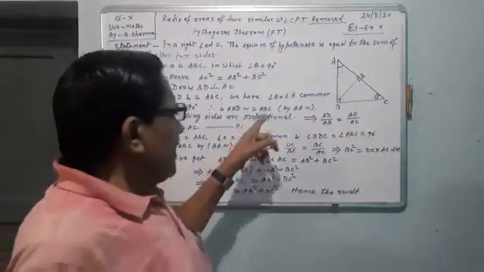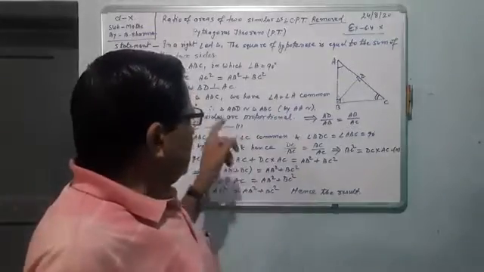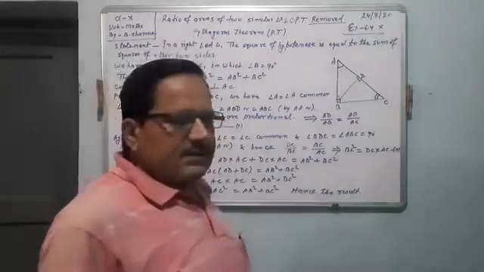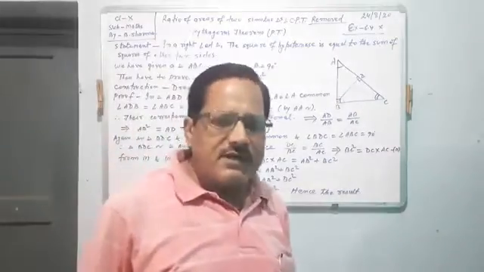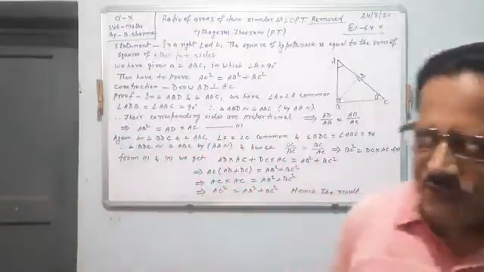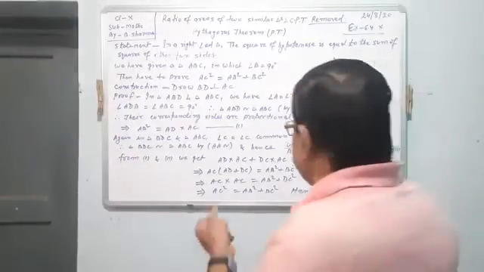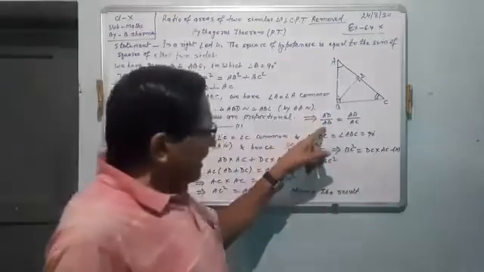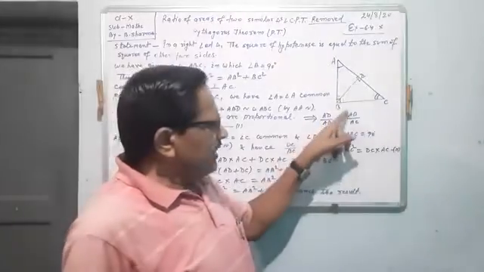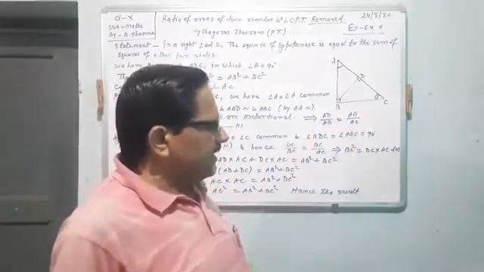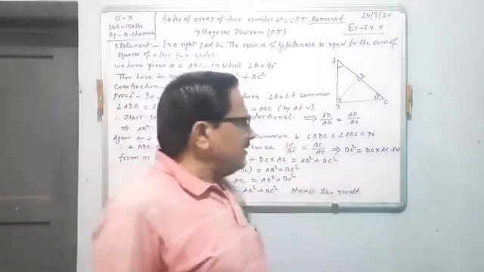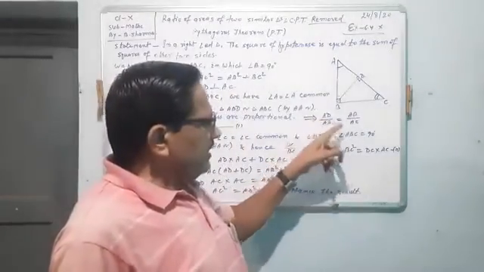Therefore, by AA similarity, triangle ABD is similar to triangle ABC, and hence their corresponding sides are proportional. Therefore, AB by AD equals AC by AB. By cross multiplication, AB square equals AD into AC.